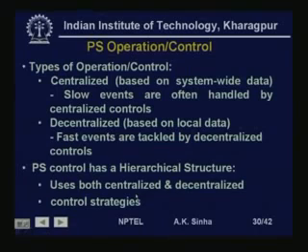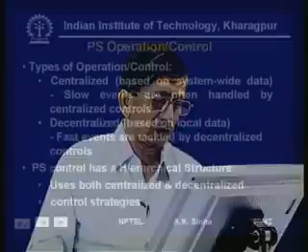Of course, this is achieved by means of what we call a hierarchical control system, where the larger controls with slow acting controls are done by means of centralized controls, whereas the fast acting controls like protection and other systems are done by means of decentralized control, that is, local controls.